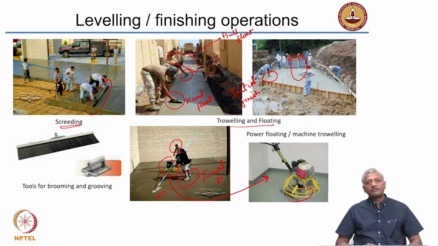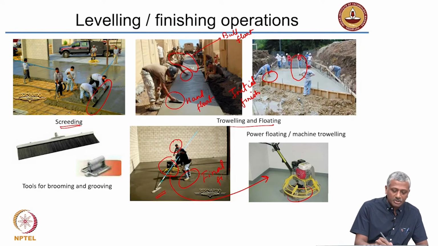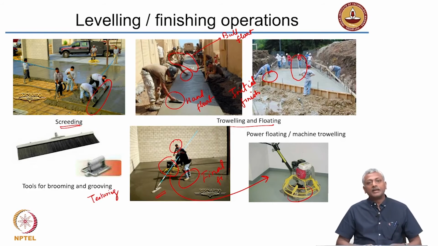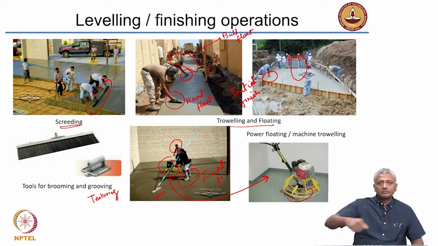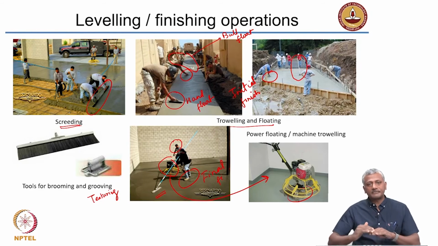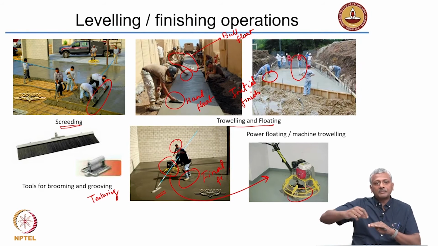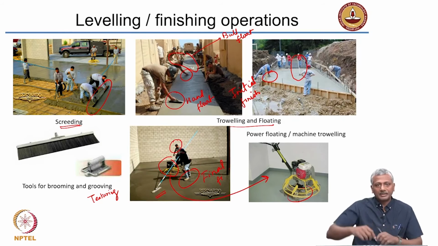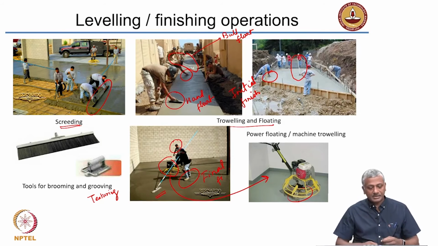And after the finishing is done, during the time of final finishing, you may want to do some texturing. Sometimes you may do texturing like drawing lines on the surface. You may have seen this in concrete pavement slabs. On the top surface, they may have these lines separated by a fixed interval. I will come to that in the next slide.